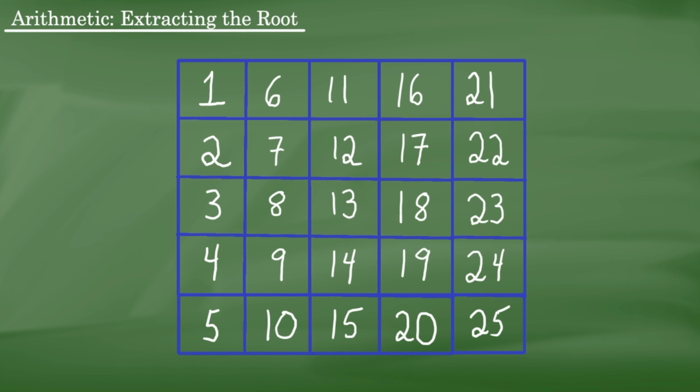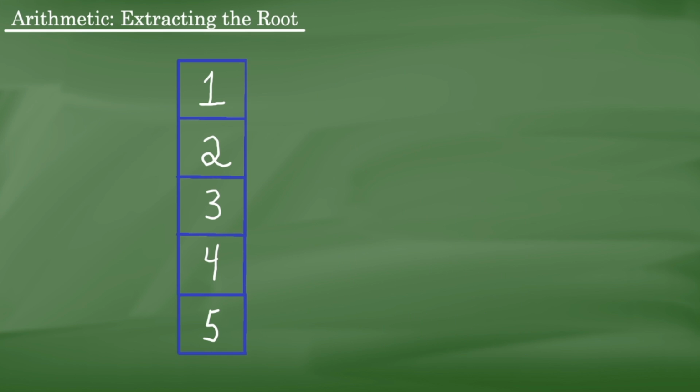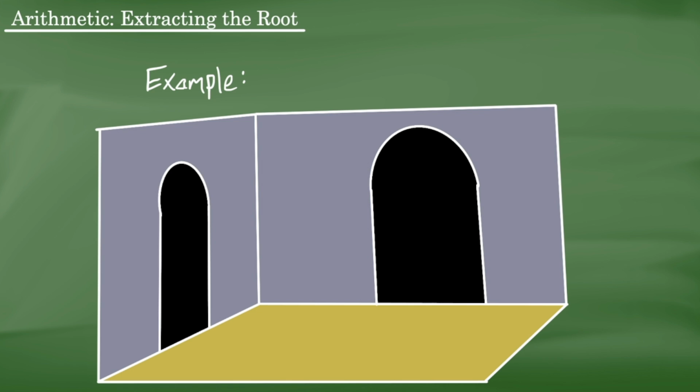Extracting the root of a number allows us to reduce a square area, like the area in a square room, down to the length of one side of that square room, which would tell us the size of the boards we would need to make some floorboards. Let's look at that as an example. You live in a house with a square room.